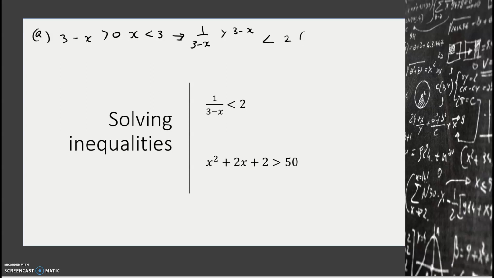And it was less than 2 times 3 minus x. Left-hand side becomes 1 is less than 6 minus 2x. And then if we rearrange that, so we've got that -5 is less than -2x, and x is less than 5/2.